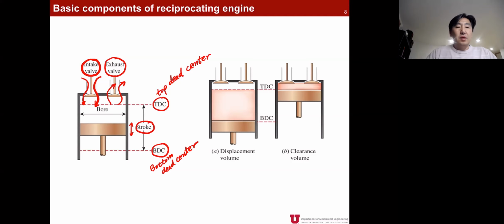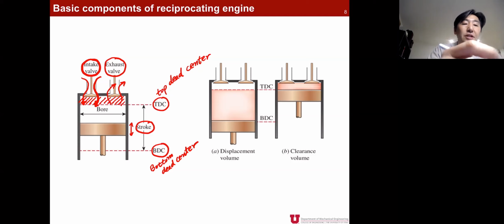So while piston goes up and down, there must be the compression process or expansion process. But even at the maximum, the highest point that piston can go up to, there must be certain space to protect the valves and to have certain space for combustion.